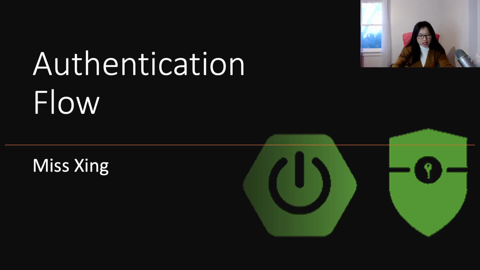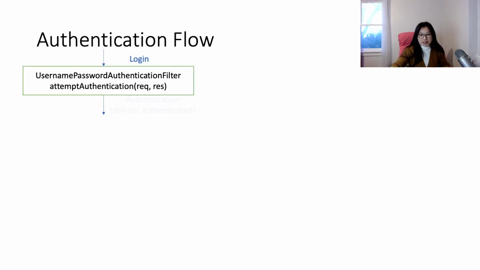Okay. Now, let me show you how Spring Security actually does the authentication for us, no matter whether it's success or not success. Okay, so next slide. First, we start from here.